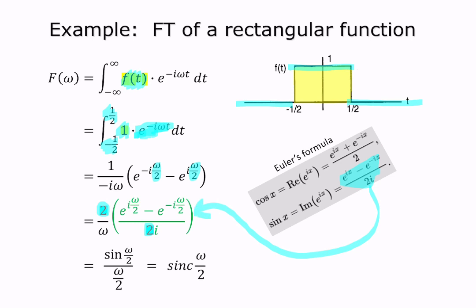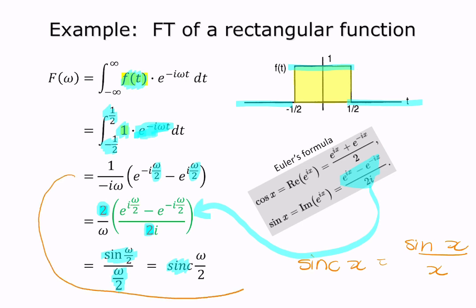And that allows us to say, well, that's just sine of omega over 2 divided by omega over 2, which is the same as sinc of omega over 2. Remember, because sinc x is sine x over x. So we've managed to rewrite this to look like that.